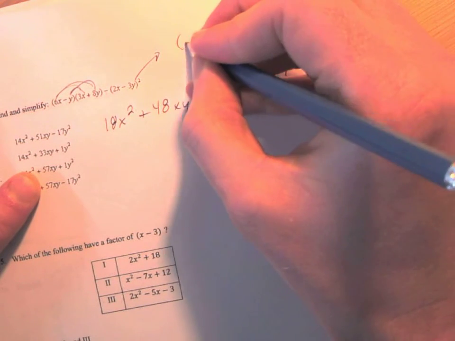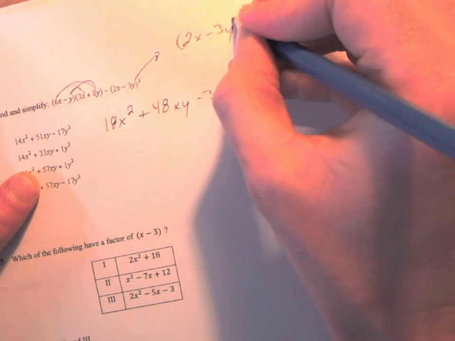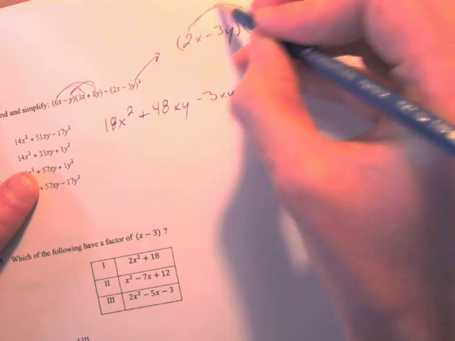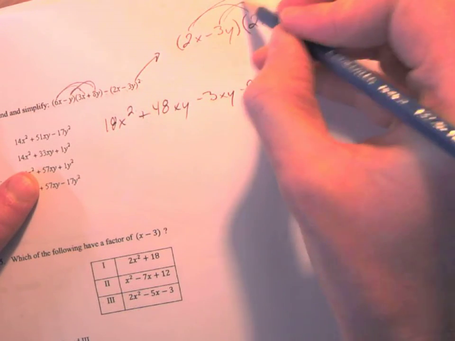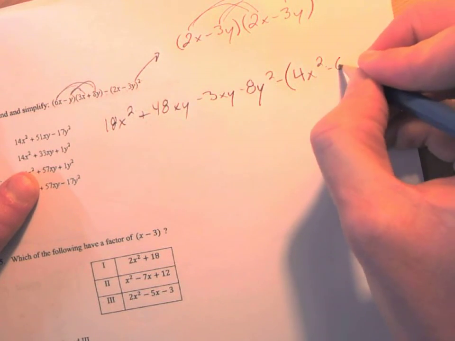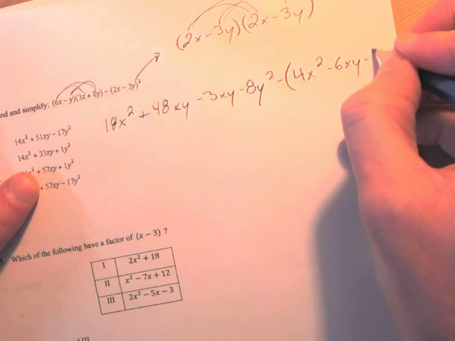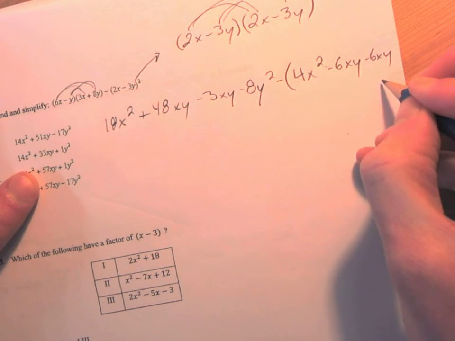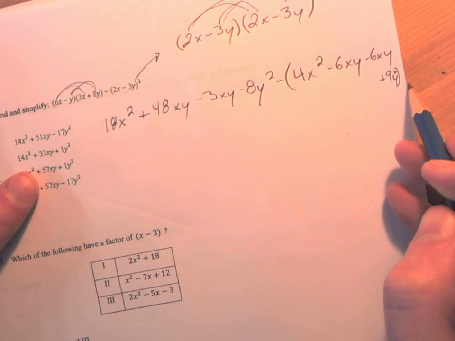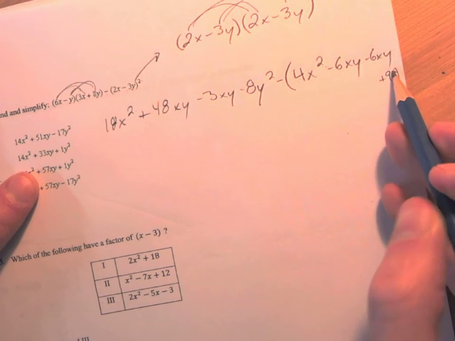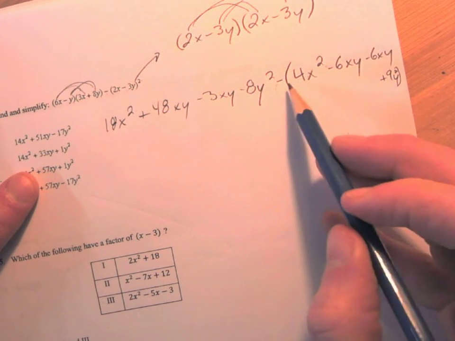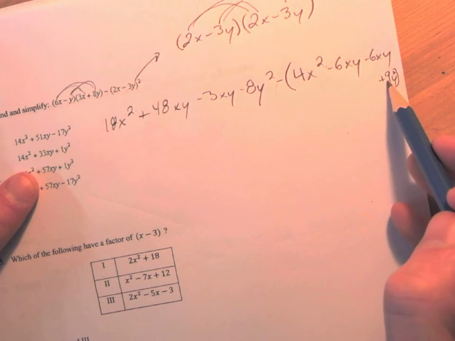This really gets broken to (2x minus 3y) times (2x minus 3y). And we go 2x times that, 2x times that, negative 3y times that, negative 3y times that. So we get 4x squared, negative 6xy, negative 6xy, and then plus 9y squared. And I finish it off with a bracket to show that I still have to bring this negative sign on the inside, okay, to each of those four.